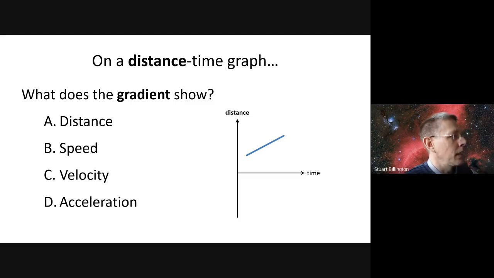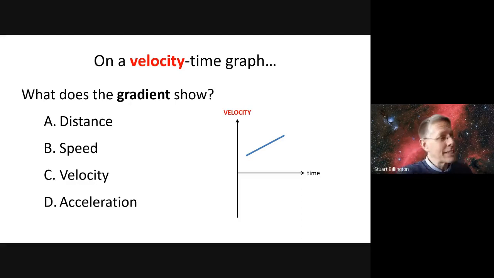Okay, let's do another one. Okay, same question, but for a velocity time graph. What do you think it might mean on a sloping graph on a velocity time graph?